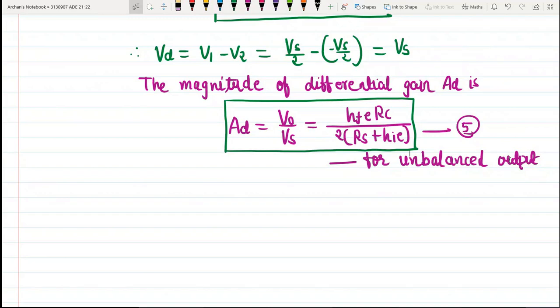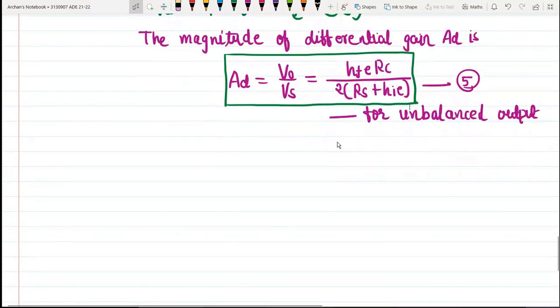So such balanced output will be nothing but double that which we have obtained above. With the unbalanced output we are getting this differential gain, and with the balanced output we will get 2 times the gain AD.